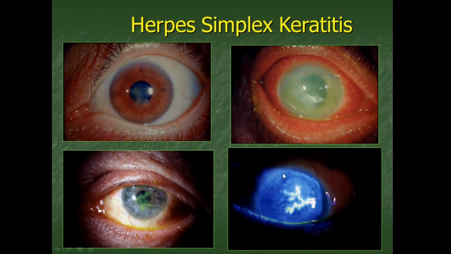Here you see dendritic keratitis. This is like the outcome of dendritic keratitis. You see opacities on the cornea, but here you can see severe, deep disciform keratitis, herpes viral keratitis.